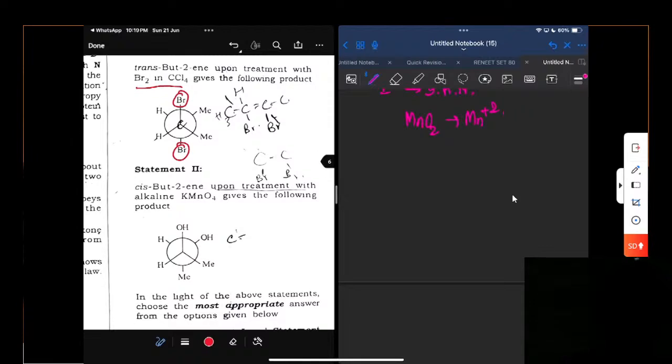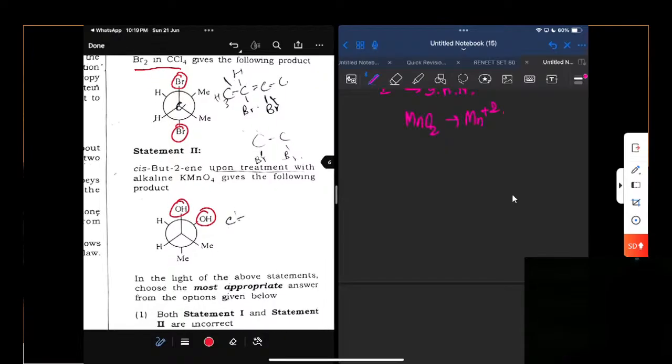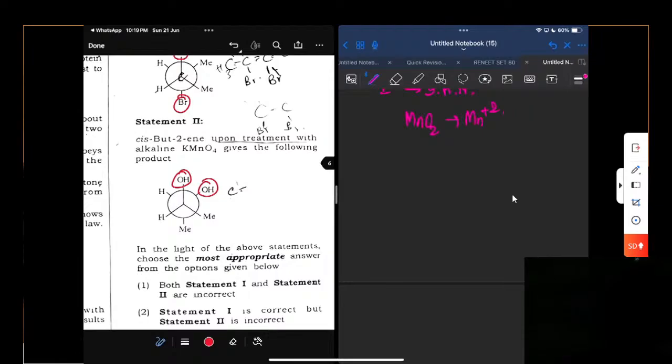With alkaline KMnO4, which type of product will be formed? The OH groups will be attached at cis positions, right? So here they are on the same side, cis position. Statement 2 is correct. So in the light of the above statements, choose the most appropriate answer.